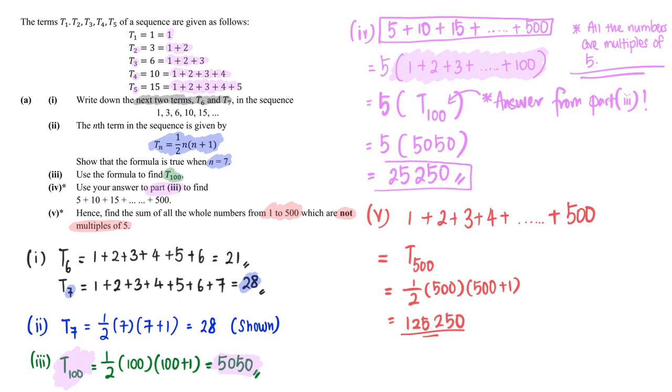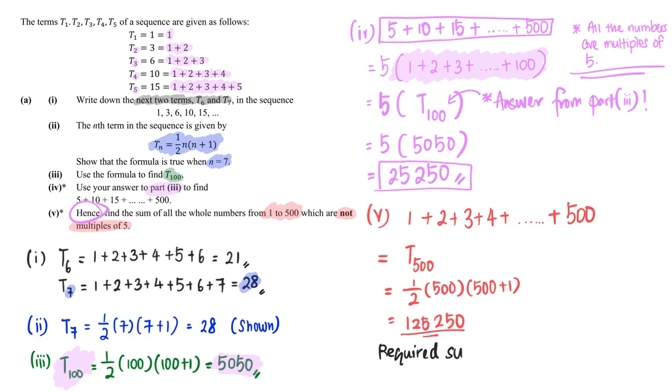Multiples of 5, I actually got the answer from part 4. No wonder they actually asked us to use the word hence, meaning we have to use the answer from part 4.